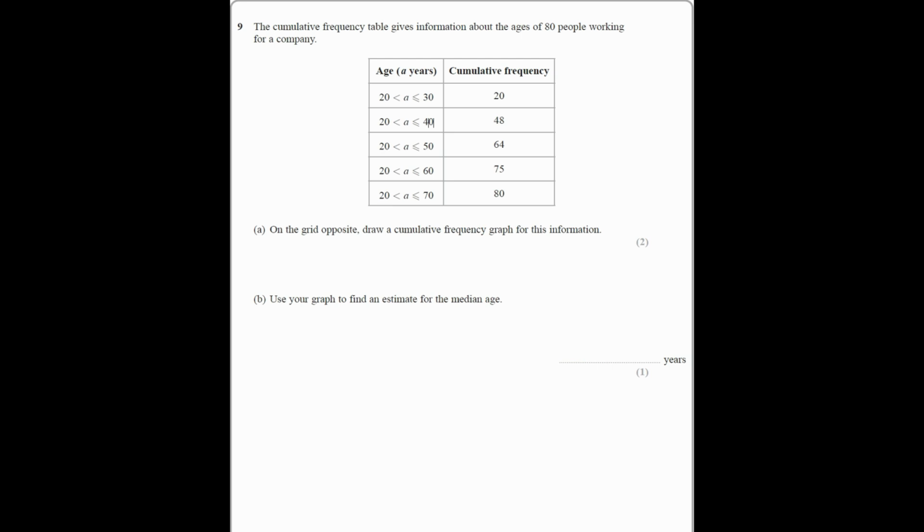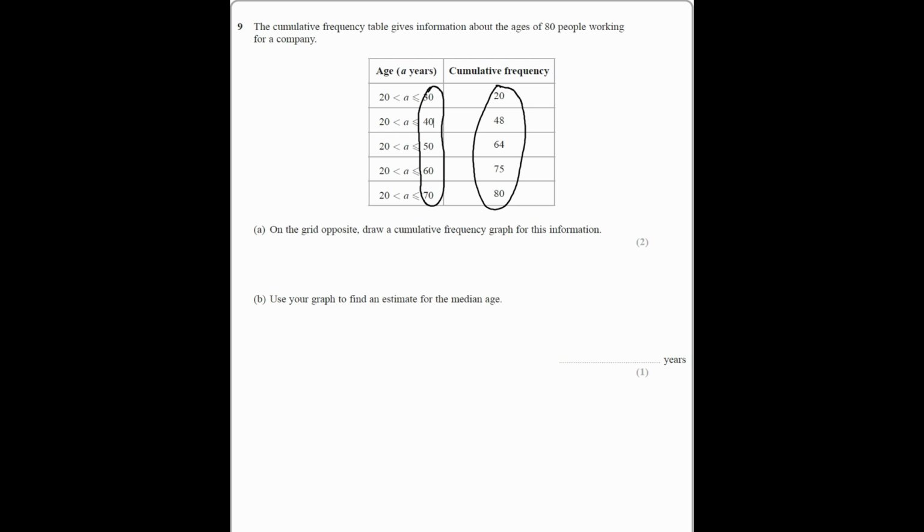To draw the graph, we have to identify the x-axis and y-axis. The x-axis will be the upper age values, the class boundaries, and these are 30, 40, 50, 60, and 70. We place those values on the x-axis, and for the y-axis, that's the cumulative frequency: 20, 48, 64, 75, and 80.